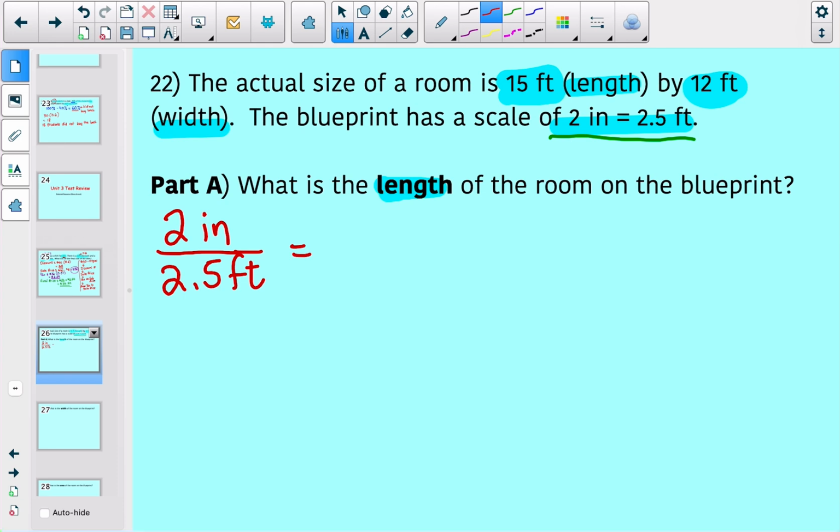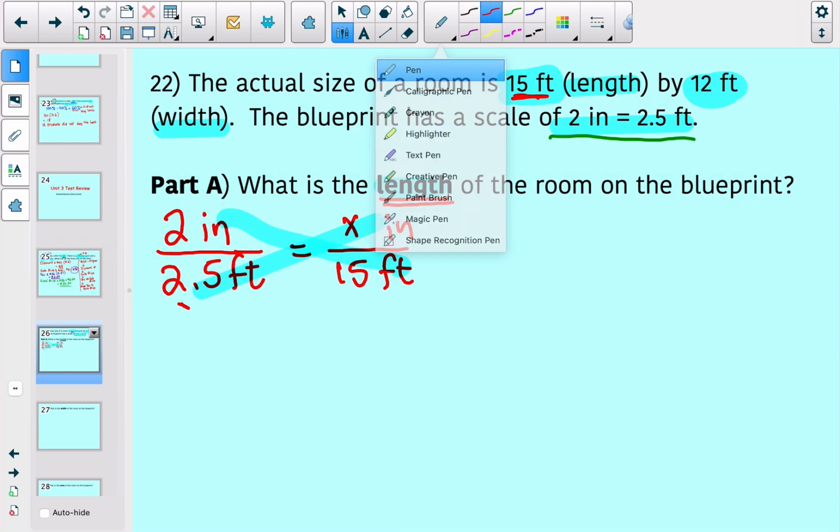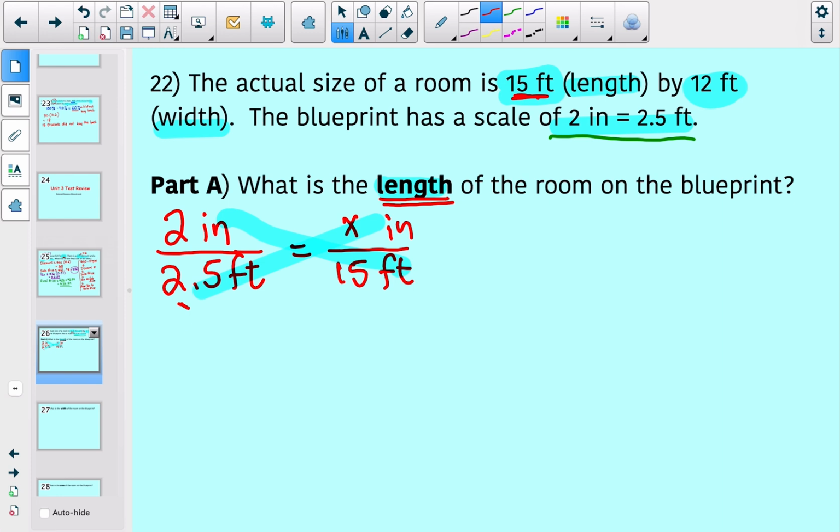So I'm focusing on the length part here. The length is 15 feet. So I know my 15 feet, but I don't know the model one, the blueprint inches. So it's going to be x inches. Again, I'm going to do my cross multiplication. 2.5 times x gives me 2.5x, and 15 times 2 gives me 30.